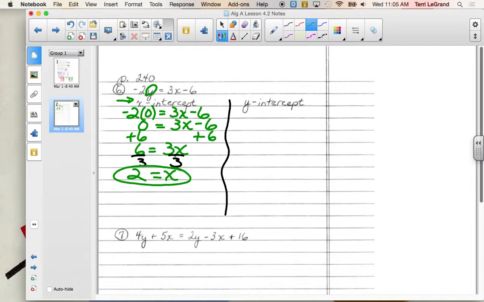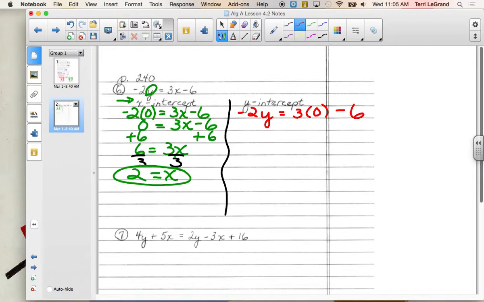So now we're going to put 0 in for x because we're looking for y. If you're looking for y, we put 0 in for x. You always put the 0 in for the other one. I've got the substitution step up there if you want to double check yourself and see if you have it started right.